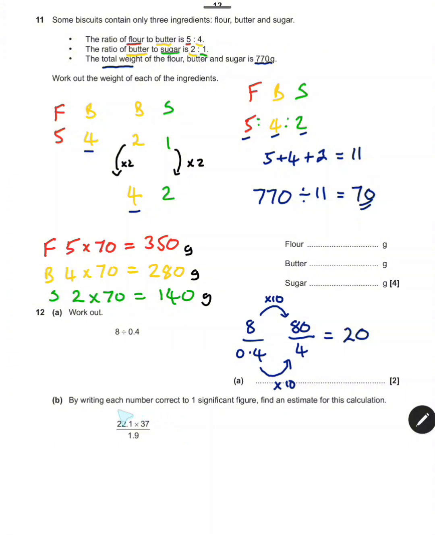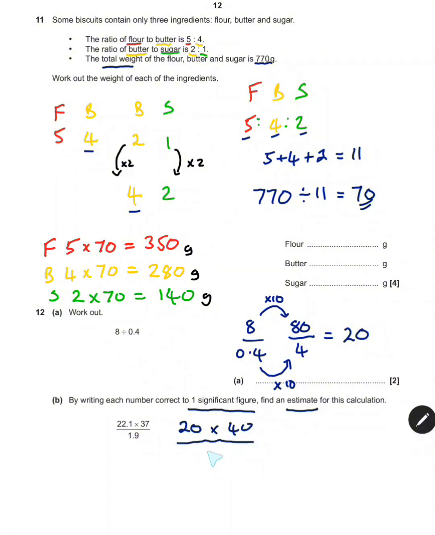Part B says, write each number to one significant figure to estimate this calculation. Well, one significant figure is just about which number this is closest to. 22.1, don't go for 22, go for 20. Make it even easier, as easy as possible. 37 rounds to 40 when we round to one significant figure.